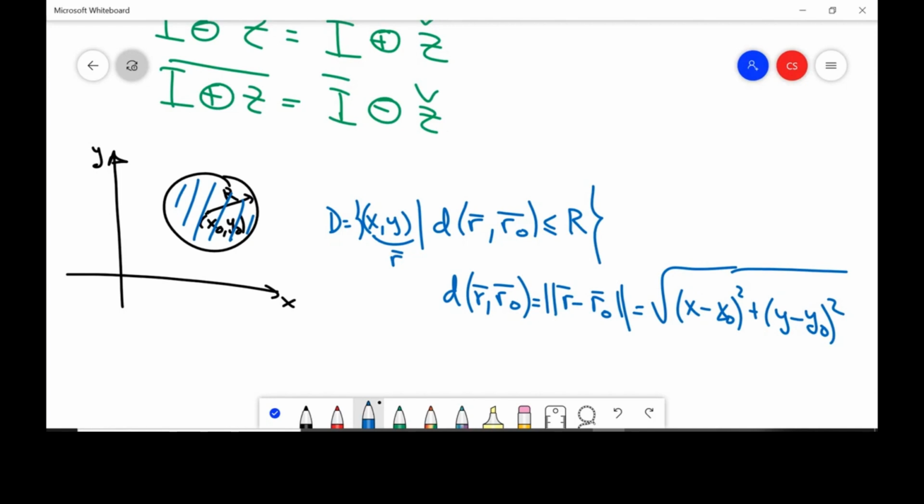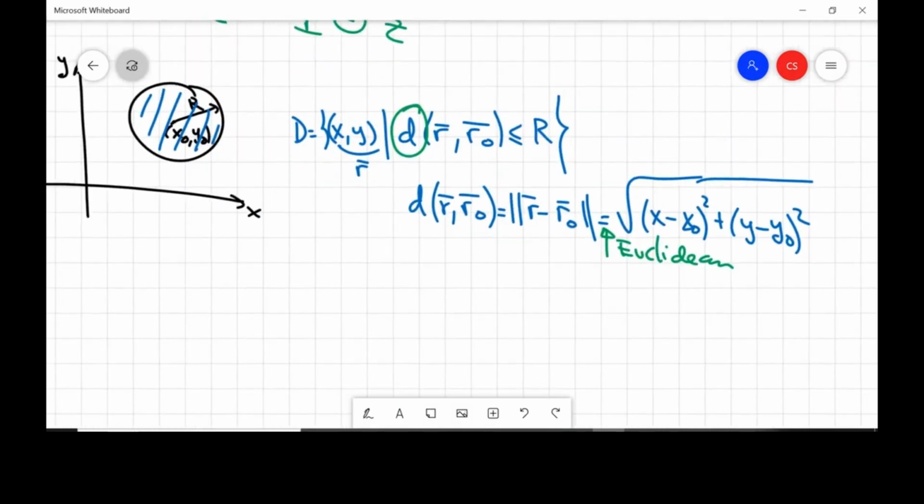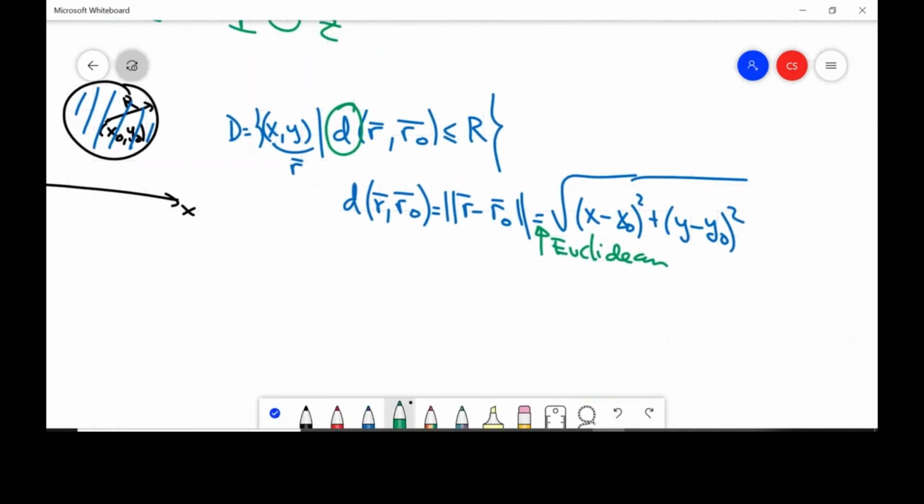Okay, but there is an important observation here. It depends on your definition of distance. This definition of distance is the Euclidean distance. But it is not the only one. So for instance, I could define my distance in this way.